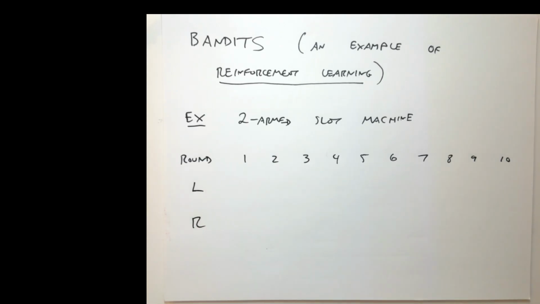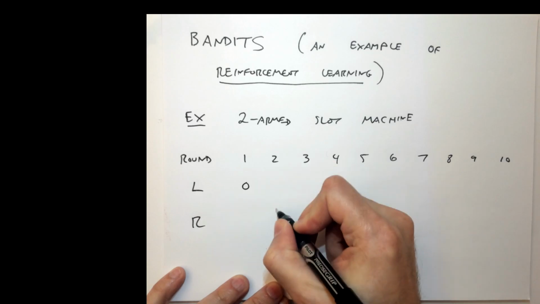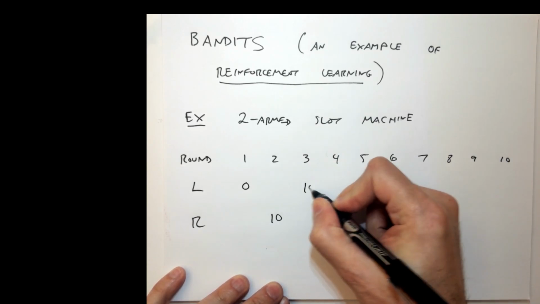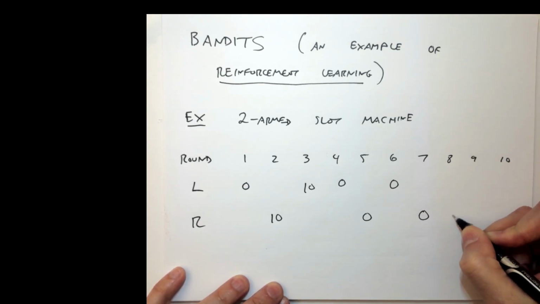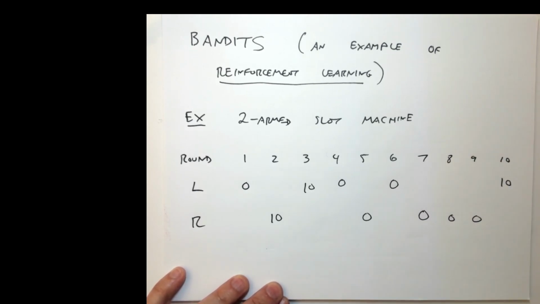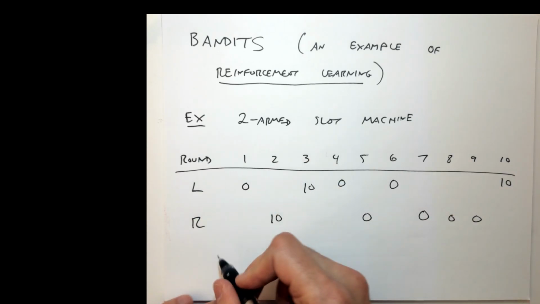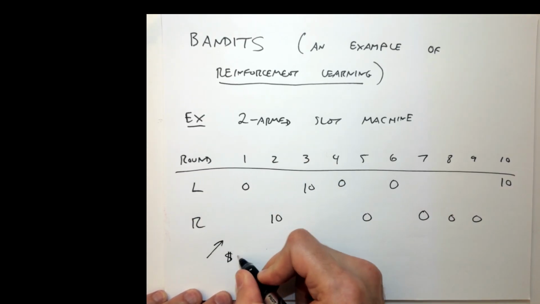In the beginning, I just randomly choose which arm to pull, as long as I pull both of them 5 times. And let's suppose that these are the rewards I observe in dollars.